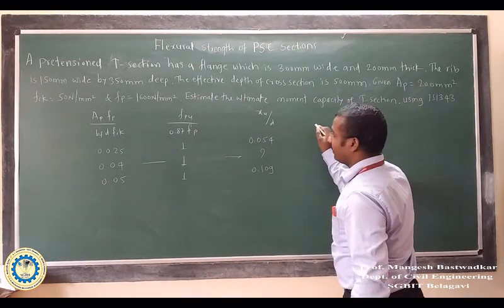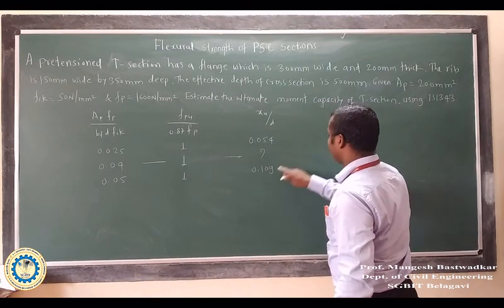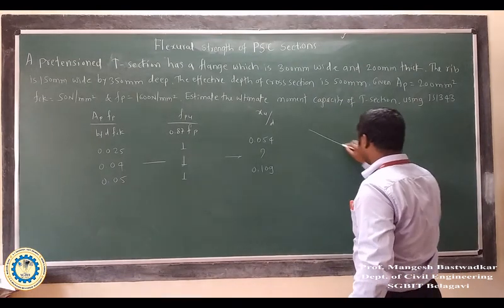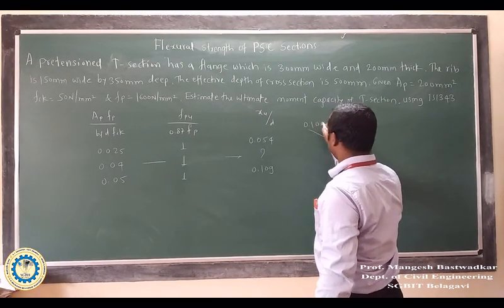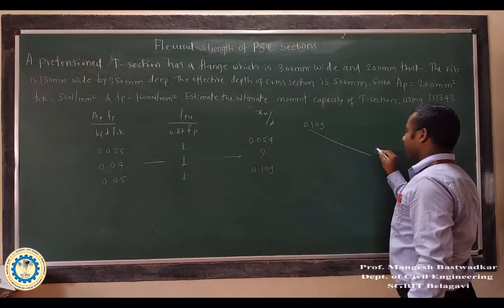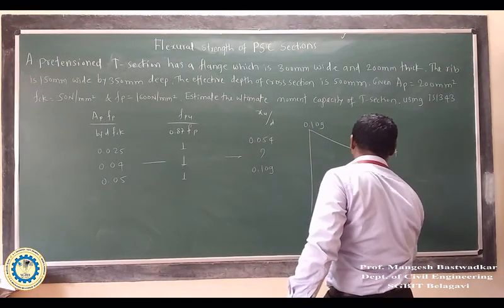So first you can draw an inclined line, with the maximum value 0.109 here and 0.054 here. Then draw the lines.